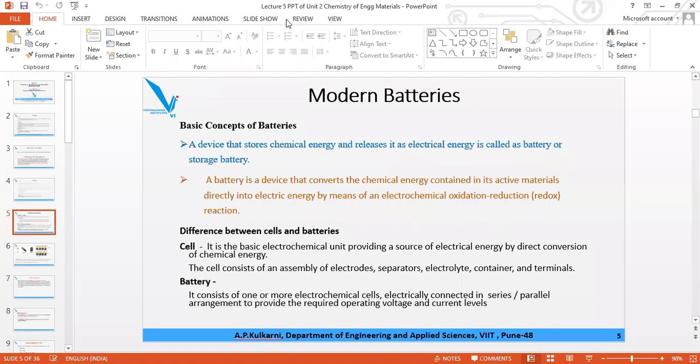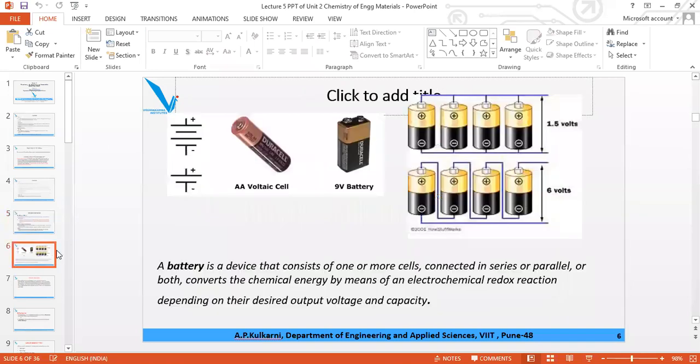At the cathode, always reduction takes place. These two electrodes are placed in an electrolytic solution, a conducting medium, and separated by a separator. Now, what is a battery? A battery is a combination of one or more cells which are connected either in series or in parallel. So I will show the difference between the cell and the batteries.